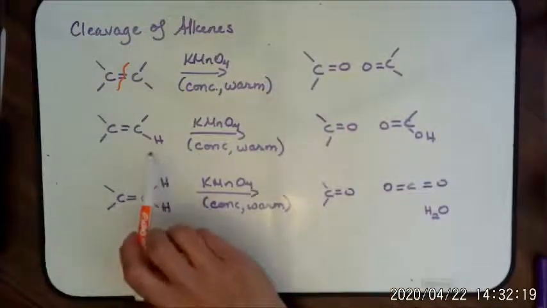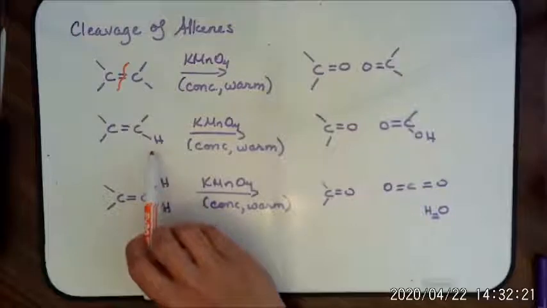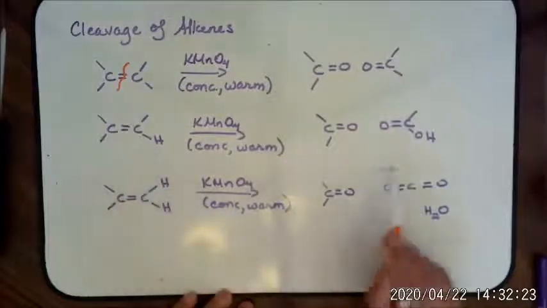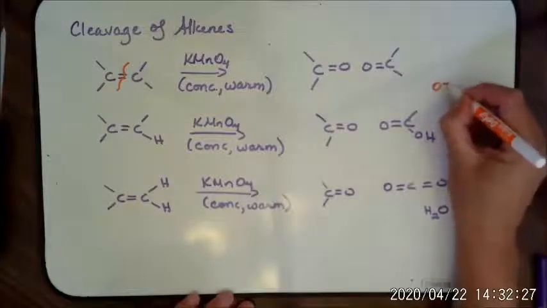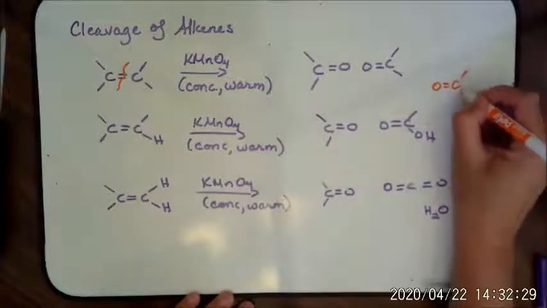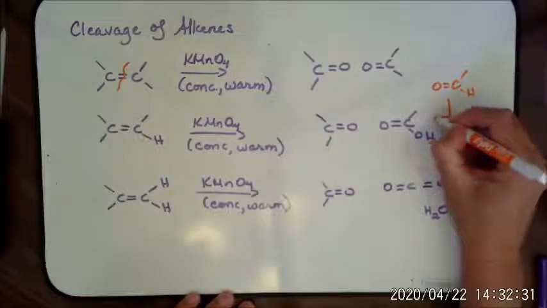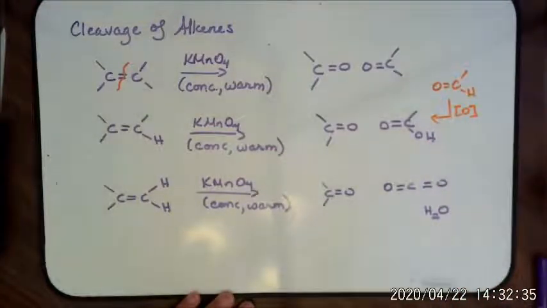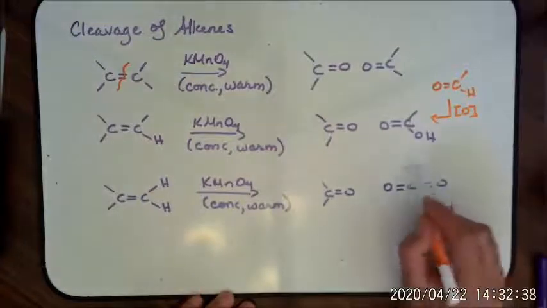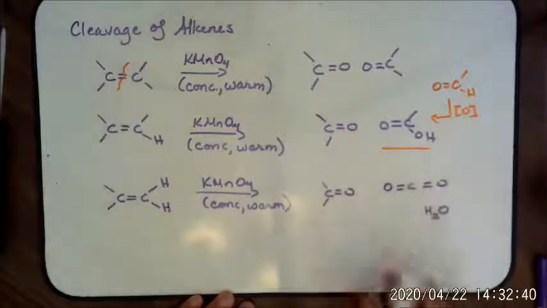Now, if you have a hydrogen on one side, then what you form initially is an aldehyde, but that continues to get oxidized by my potassium permanganate to give me a carboxylic acid.